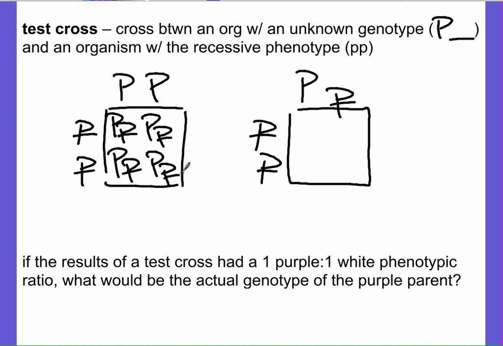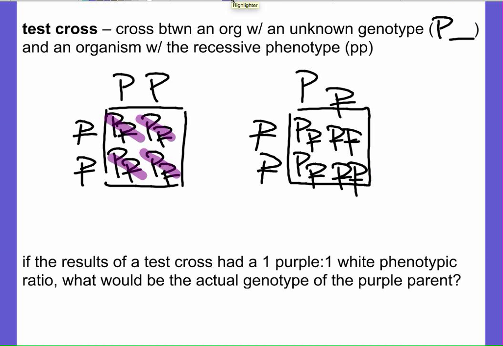If it happens to be homozygous dominant and I cross it with that white flower, all of the offspring are going to end up being purple. If it's heterozygous and I fill through, only half of them are going to be purple. The other half are going to be white.